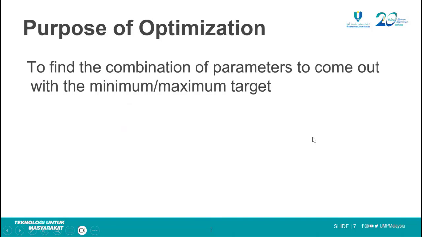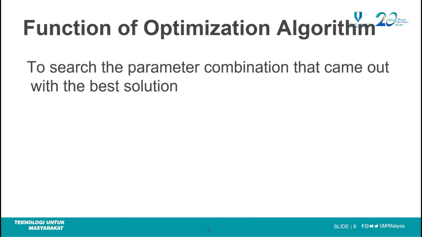Then the purpose of optimization is to find the combination of parameters to come out with the minimum or maximum target value. The function of the optimization algorithm is to search for the parameter combination that comes out with the best solution.